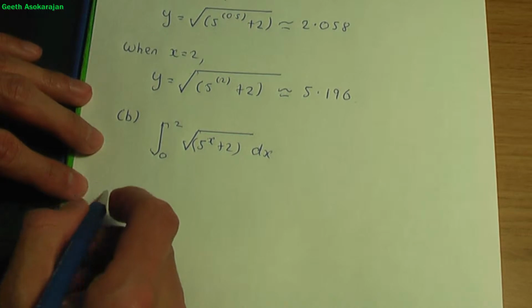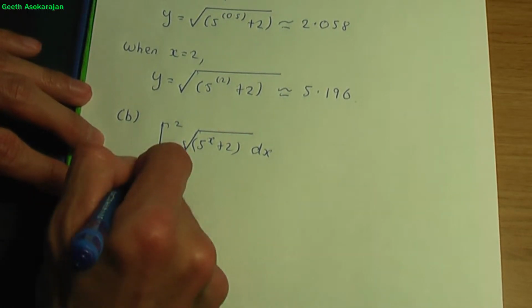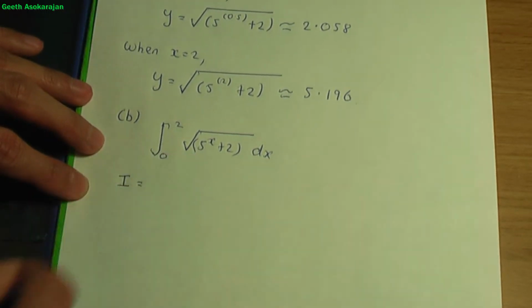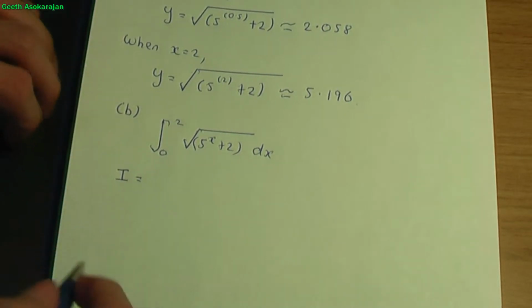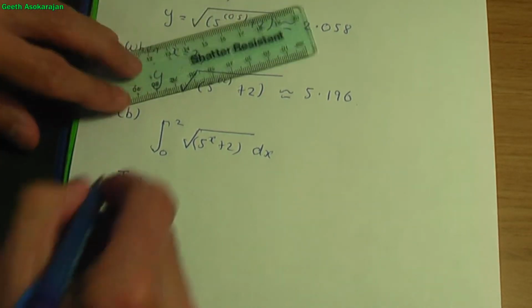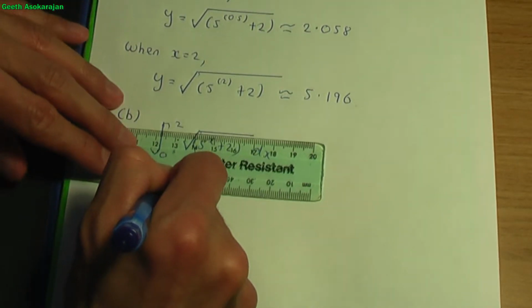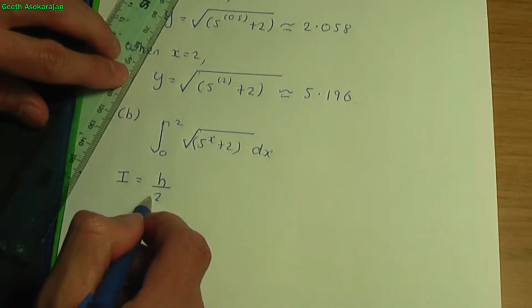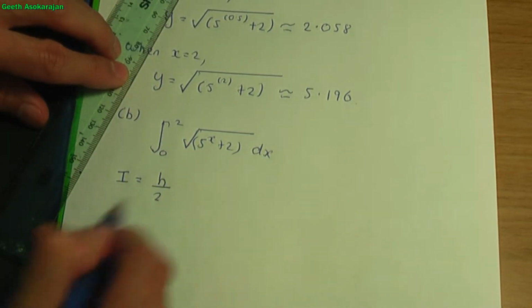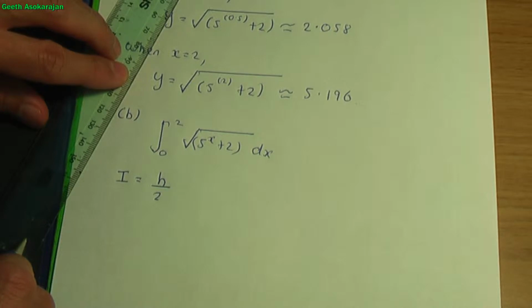Now, let me give you the trapezium rule. In order to work out an integral I using the trapezium rule, here's the formula. h is the width of the trapezium, and the width must be constant for this rule to work.